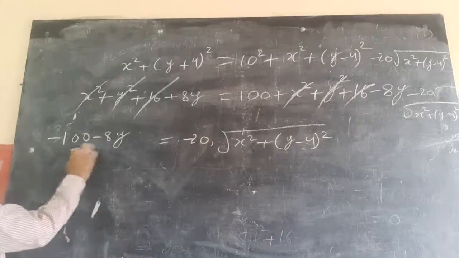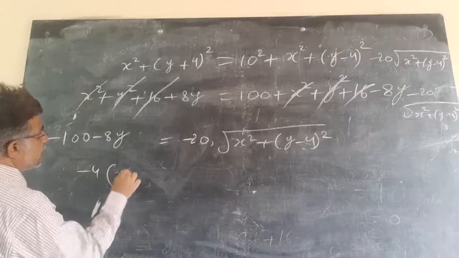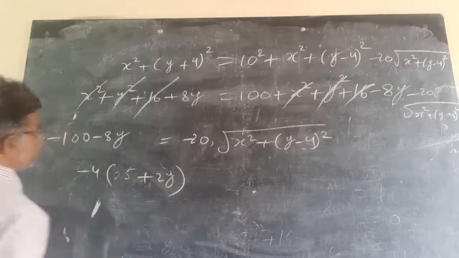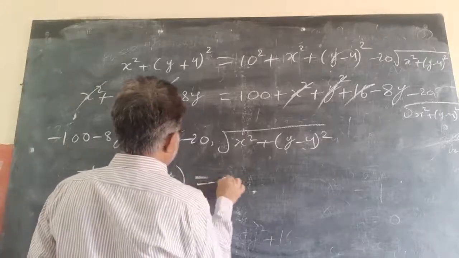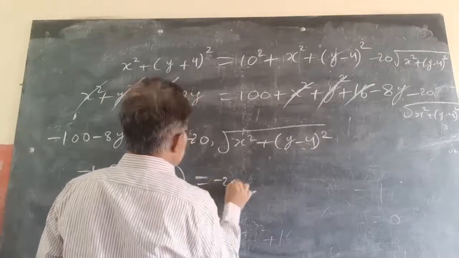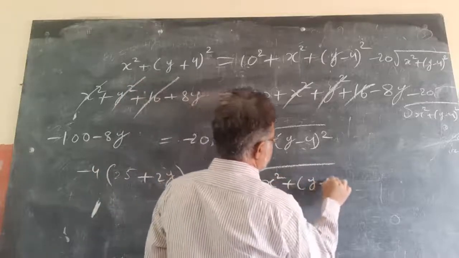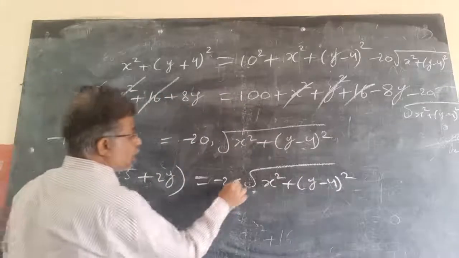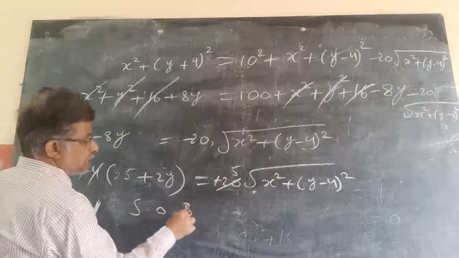If I take minus 4 common, it becomes 25 plus 2y equal to minus 20 into root of x square plus y minus 4 whole square. Now the minuses cancel, squaring on both sides.